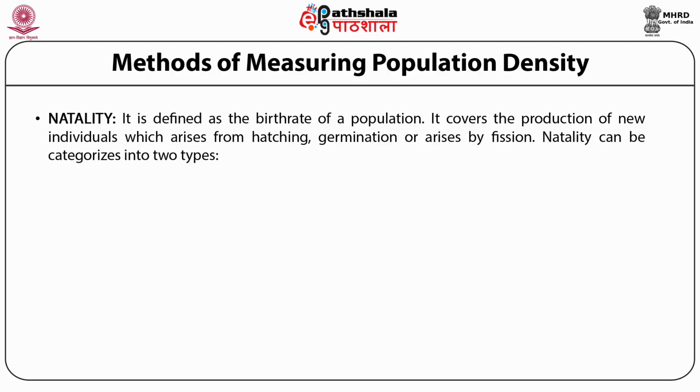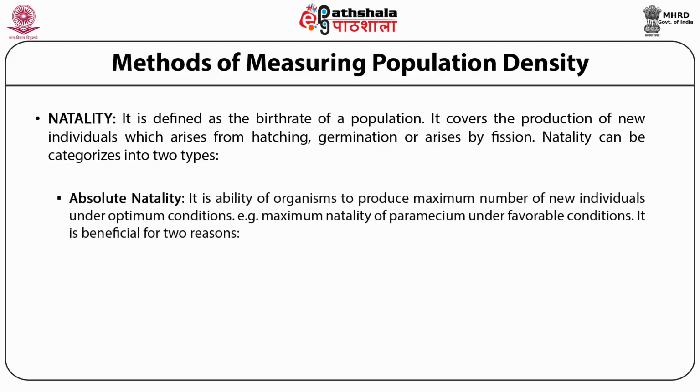The first is known as absolute or physiological natality. This physiological natality can be defined as the physiological ability of organisms to produce the maximum number of new individuals under optimum conditions. It is always constant for a given population.